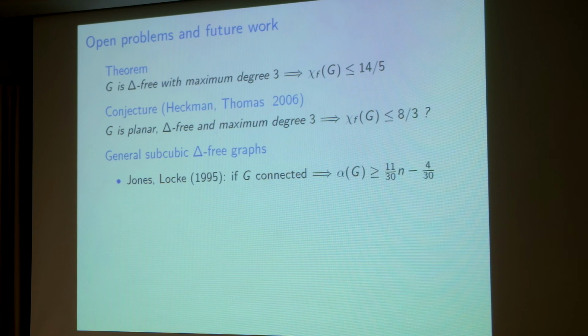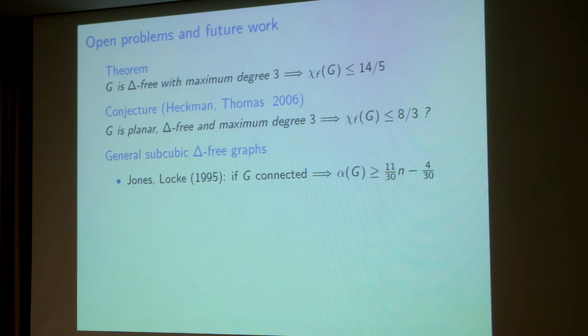Also, I showed you two graphs. They had size 14 and independence number exactly 5, saying that in this statement you can never replace this 14 over 5 by anything bigger.